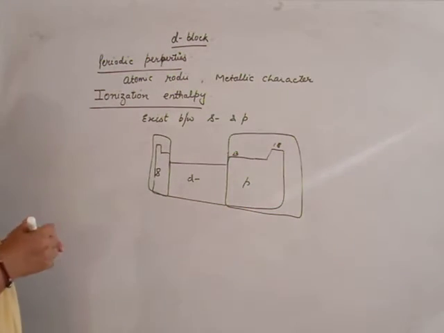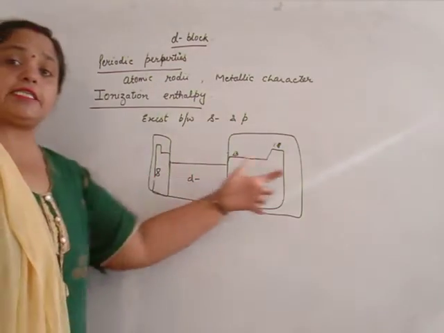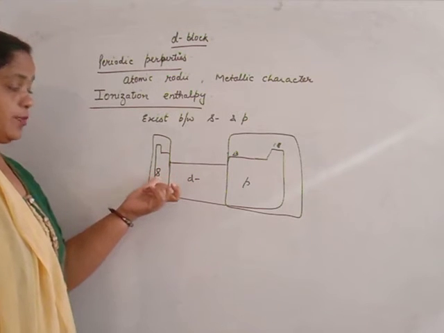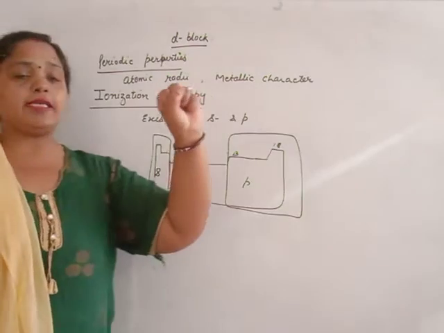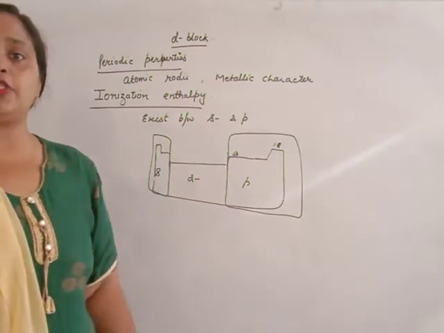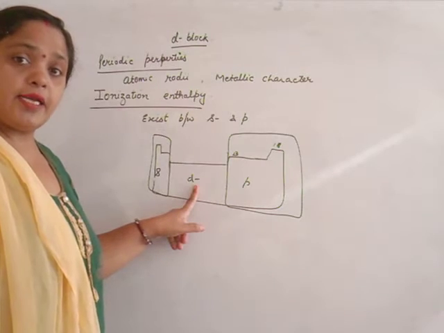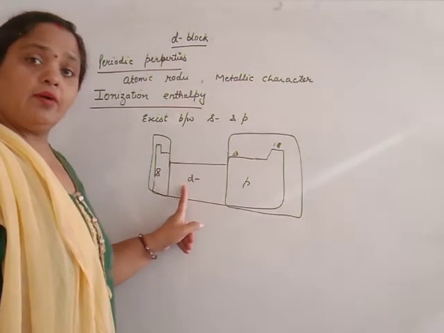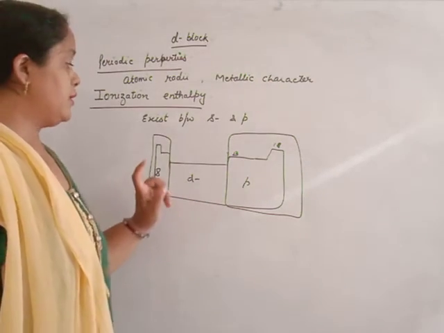As we move along the period, atomic size decreases. D block elements are smaller than s block, so their ionization energy is greater. The smaller the size of the atom, the more ionization energy is required. So d block elements, due to small size, have high ionization energy as compared to s block elements.